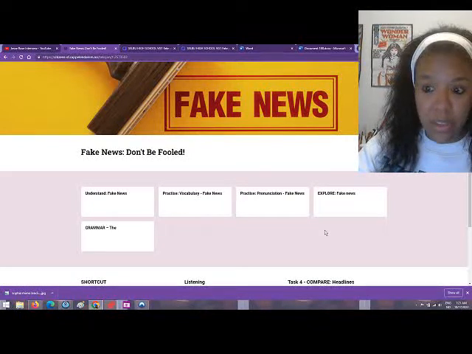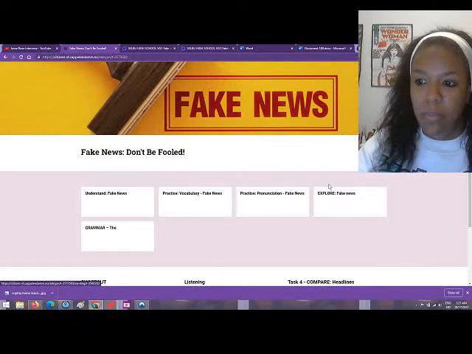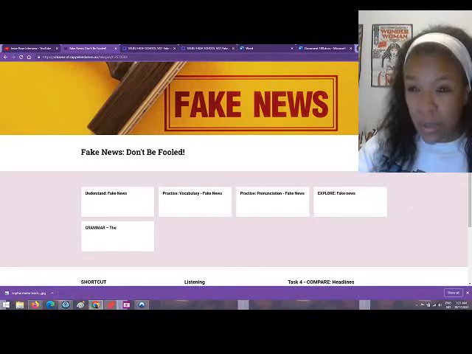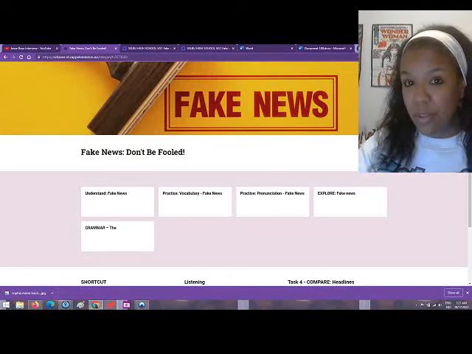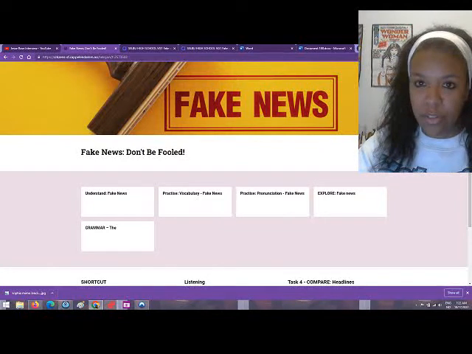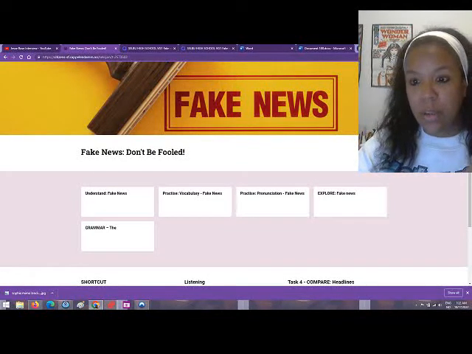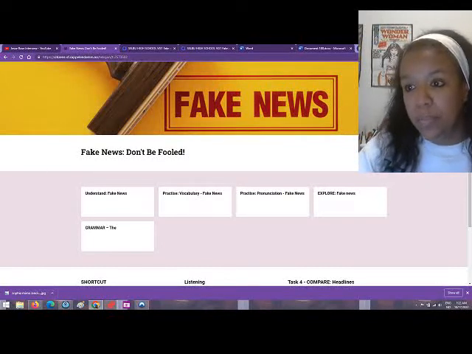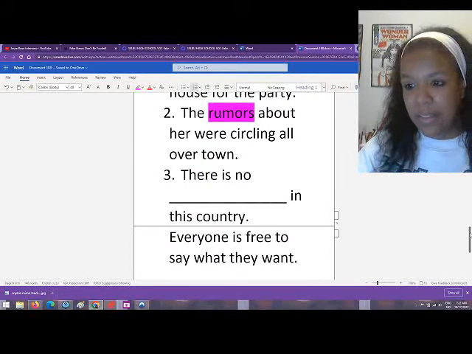Some of you haven't. You're welcome to use this to study as well, but that's not going to be the basis for the type of exercises that you will have. This will help you because it all deals with the same subject matter, and it also deals with the words that you're going to need, but the exercises will be like these that I'm giving you now.